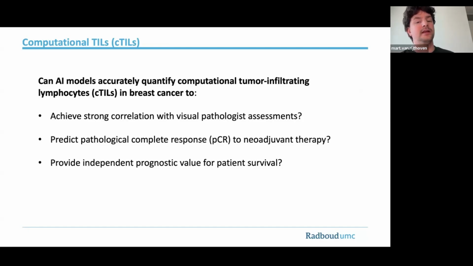Can we accurately quantify these computational TILs in breast cancer? And then we want to check if we can get strong correlation with visual pathologist assessments. We want to check if we can predict pathological complete response, and if these computational TILs can provide independent prognostic value for patient survival.